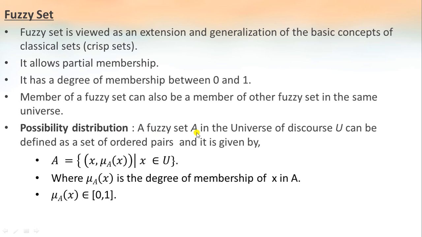A fuzzy set A in the universe of discourse U can be defined as a set of ordered pairs: x comma mu A of x, where x is an element which belongs to the universal set and mu A of x is the degree of membership of x in set A. Mu A of x can have values between 0 and 1, including 0 and 1.